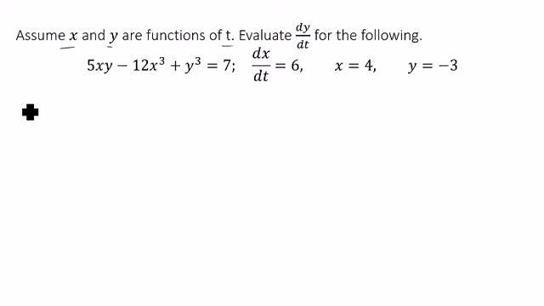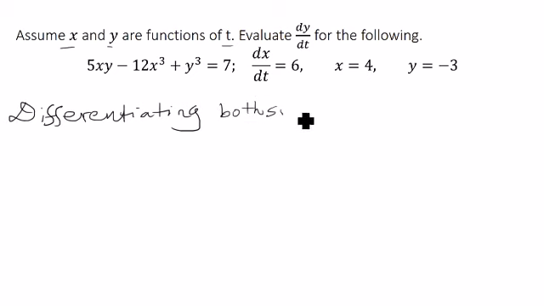So differentiating both sides with respect to t, we get, so here we're differentiating 5xy.